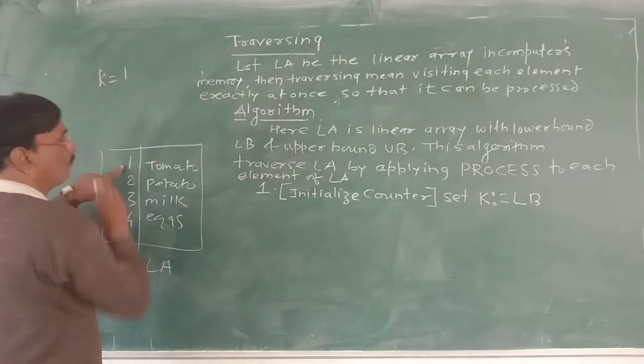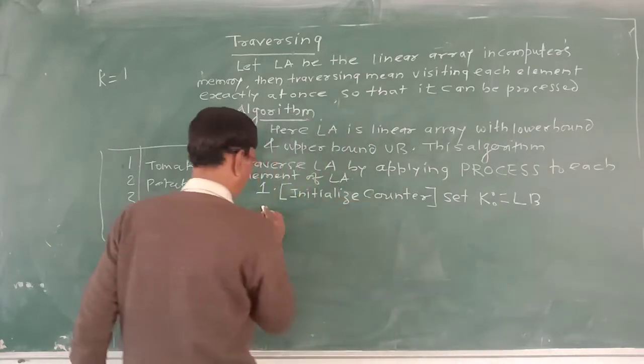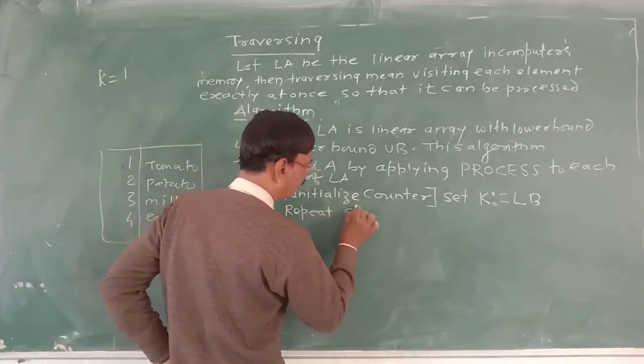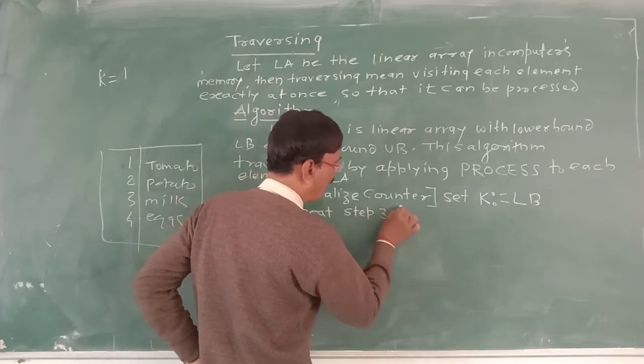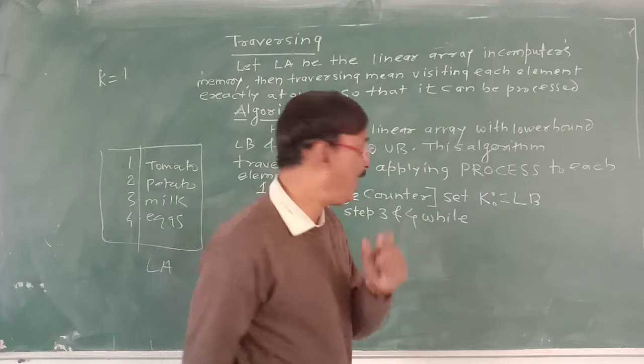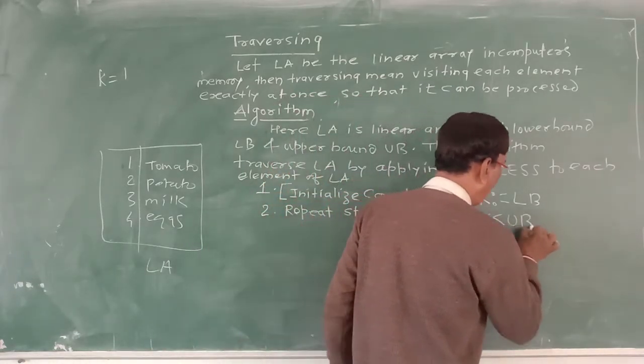So K is equal to lower bound, and the lower bound is 1. Now, step 2: repeat steps 3 and 4 while K is smaller than or equal to upper bound.